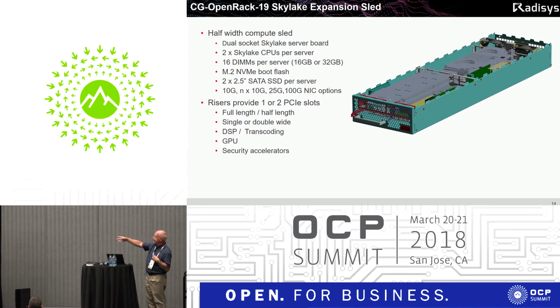So in this case, these are TI DSPs. But what this obviously allows you to do is to do processing offload from the Skylake server below. And this as well is a Skylake server with 25 gig interfaces to the switches at the top of the rack. This is a half-width sled.